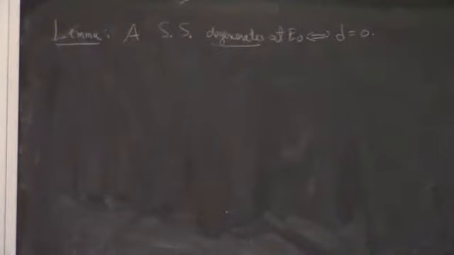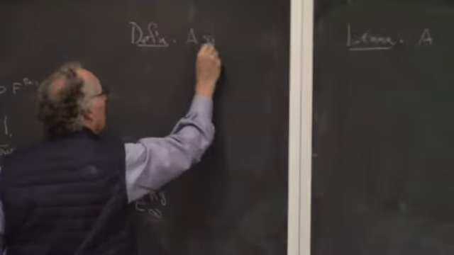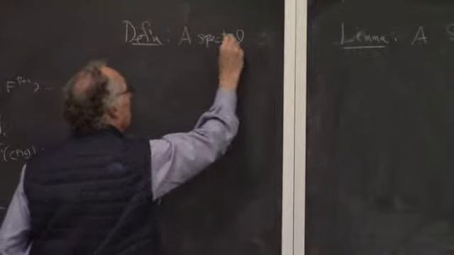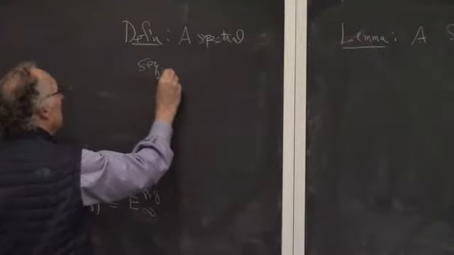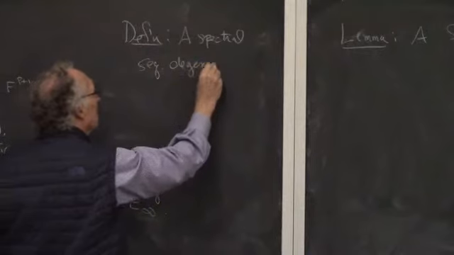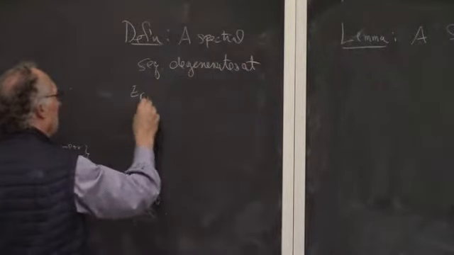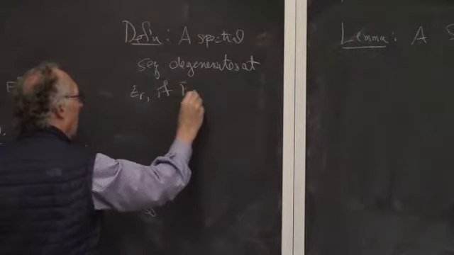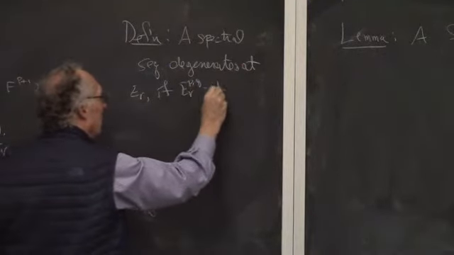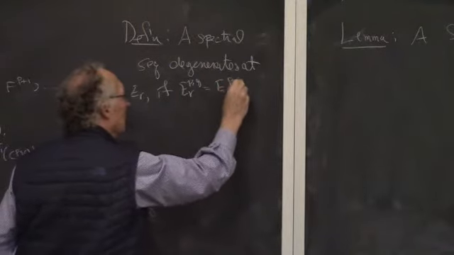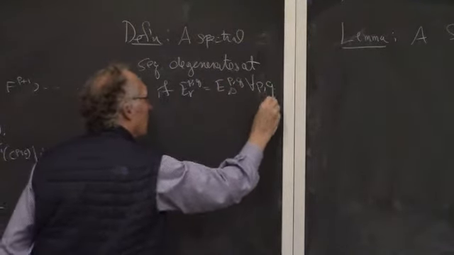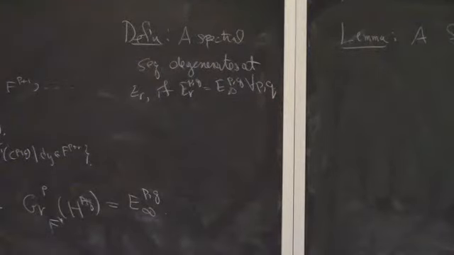Definition: a spectral sequence degenerates at E_r if E_r equals E infinity for all p. So if there are no differentials after E_r, the whole spectral sequence.